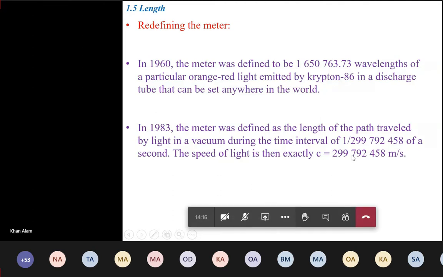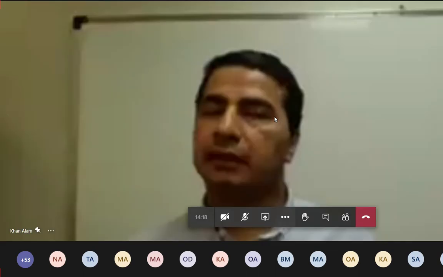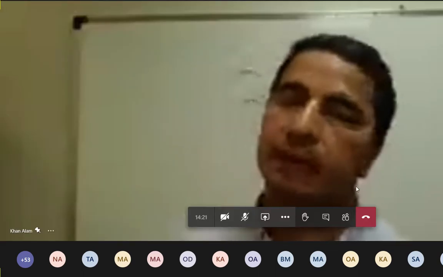This is the speed of light. So that many meters the light covers in 1 second.